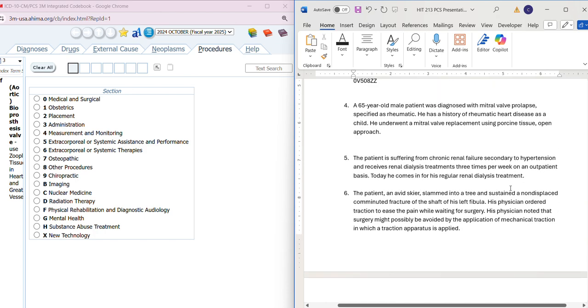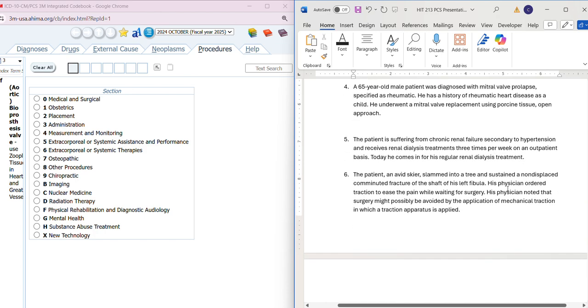A 65-year-old male patient was diagnosed with mitral valve prolapse, specified as rheumatic. He has a history of rheumatic heart disease as a child. He underwent a mitral valve replacement using porcine tissue, not sure if I'm pronouncing that correctly, and they did this via an open approach.